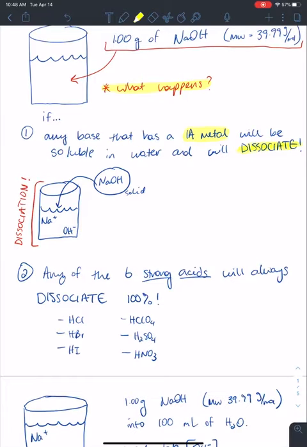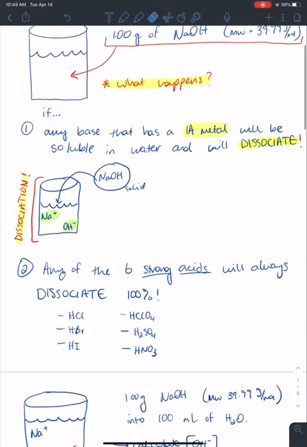So if we add solid sodium hydroxide into water, it's going to dissociate into its constituent ions, which are sodium and hydroxide. Now remember, all 1A metal salts are going to do this in water. We know that all ammonium salts and all nitrate salts are also going to do this, but we were talking about bases. Another thing that's really important: any of the 6 strong acids will always dissociate 100% in water.